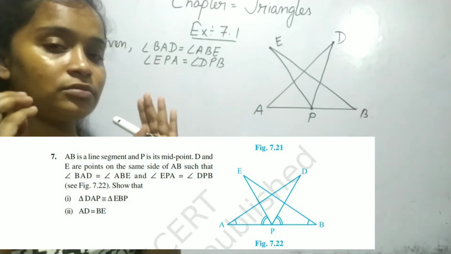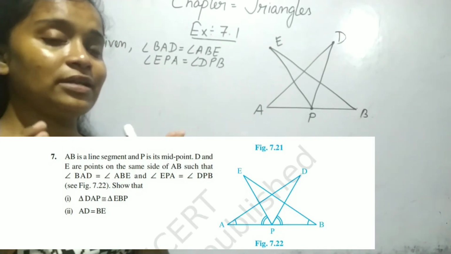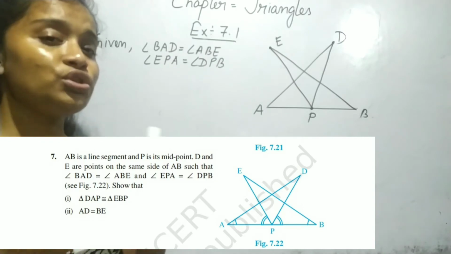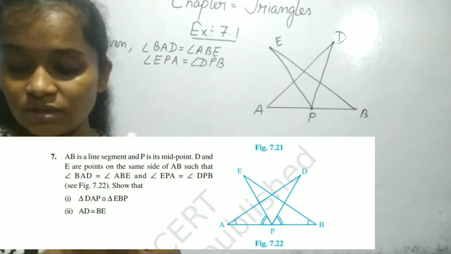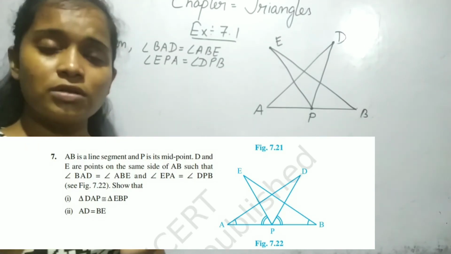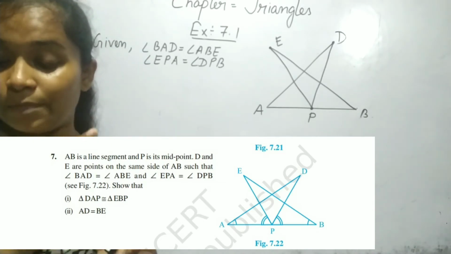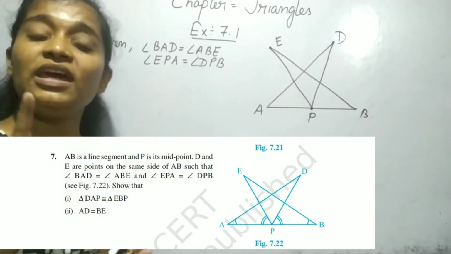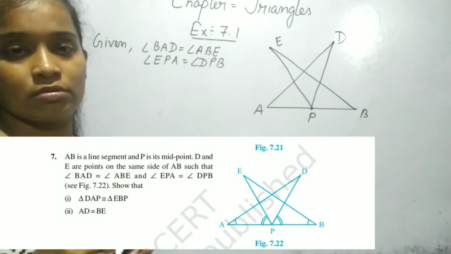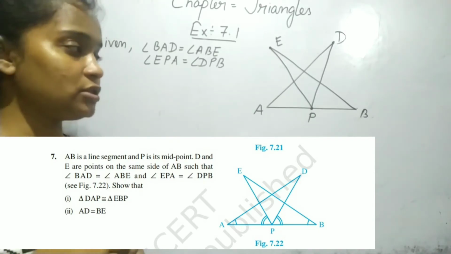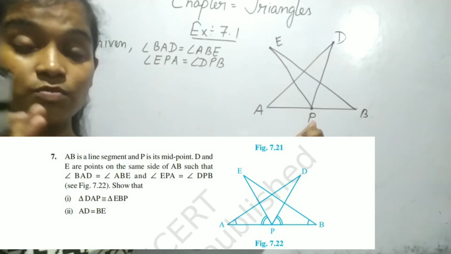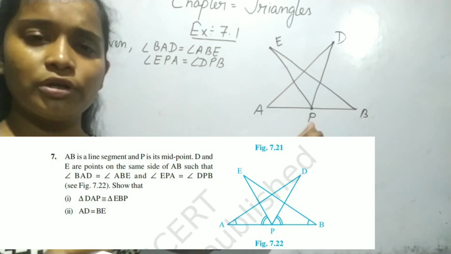So read the question continuously, two or three times, because some things are given only in words. Look, AB is a line segment and P is its midpoint. That is written in words. Now what do we mean by midpoint?